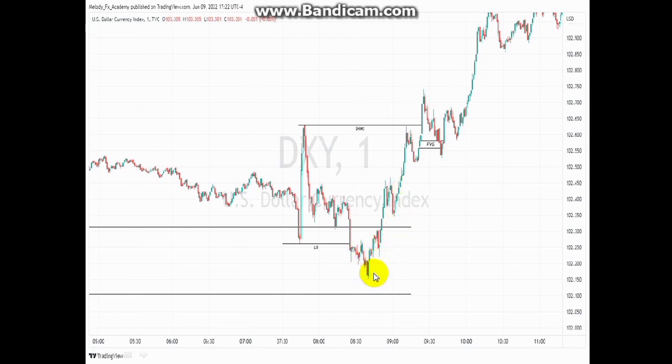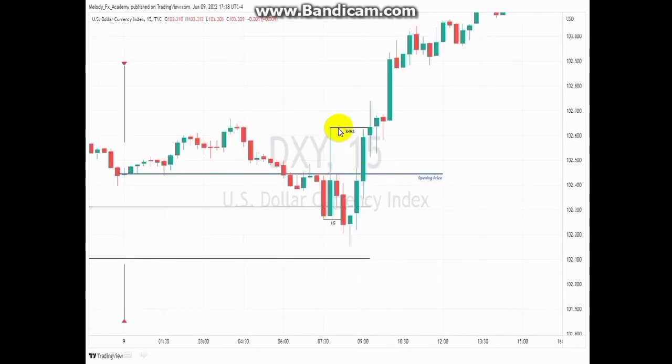But remember, prior to this shift in market structure, any movement, any expansion higher, should only be viewed as a retracement.